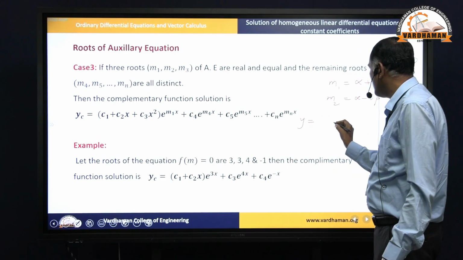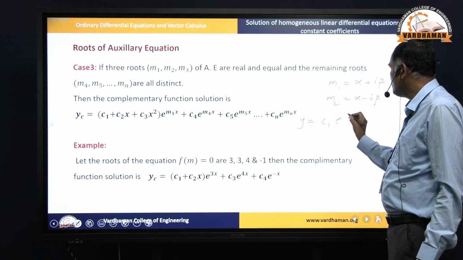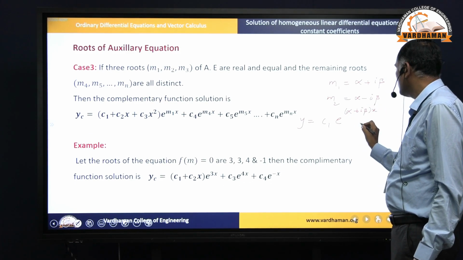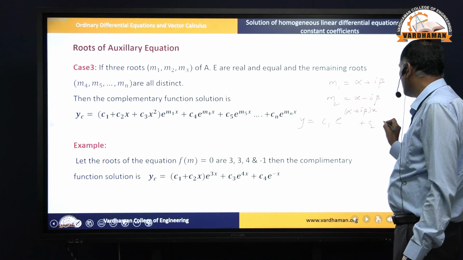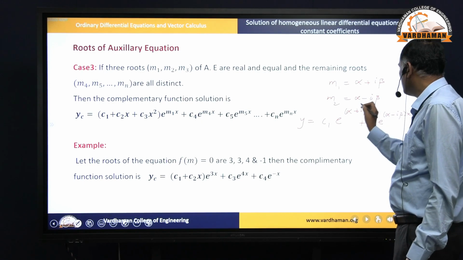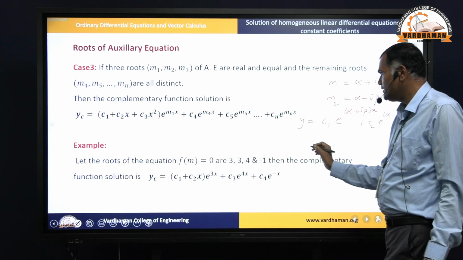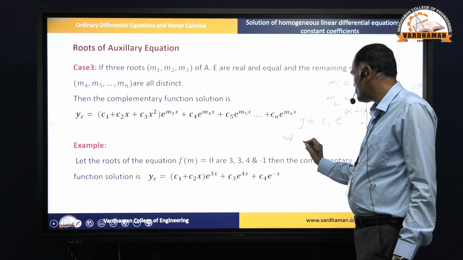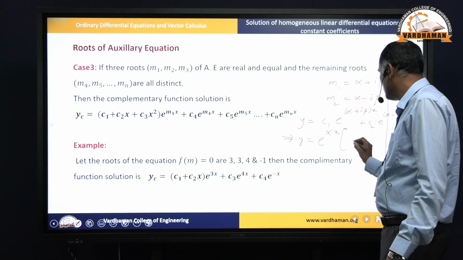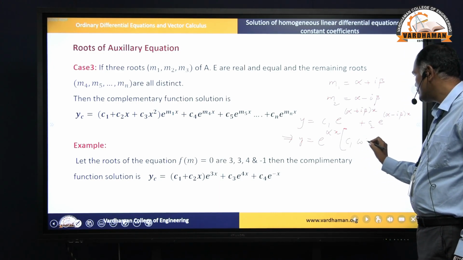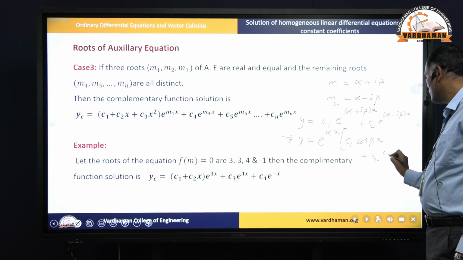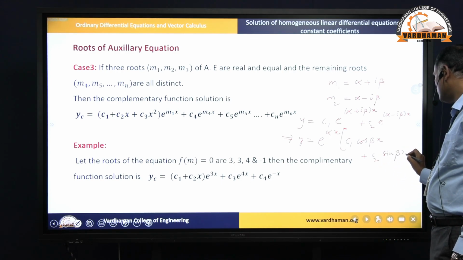The solution can be written as c1 into e power alpha plus i beta into x plus c2 into e power alpha minus i beta into x. If you simplify this one, this can be written as y equals e power alpha x into c1 cos beta x plus c2 sin beta x.